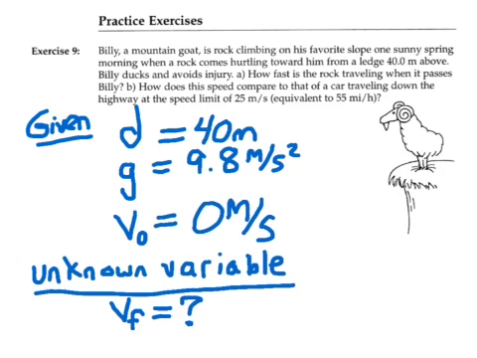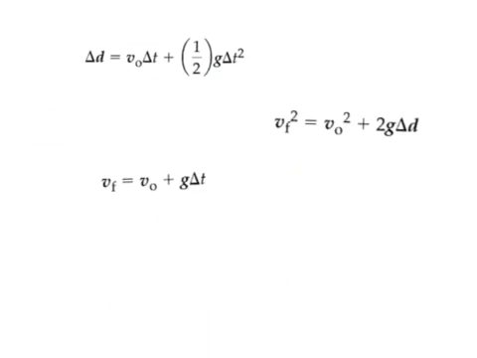So in order to figure out the equation, notice how I've written all the variables nice and neat. I need an equation that has the distance, acceleration due to gravity, the initial speed, and the final speed. If I take a look at the equations, we have distance, initial speed, time, acceleration due to gravity.